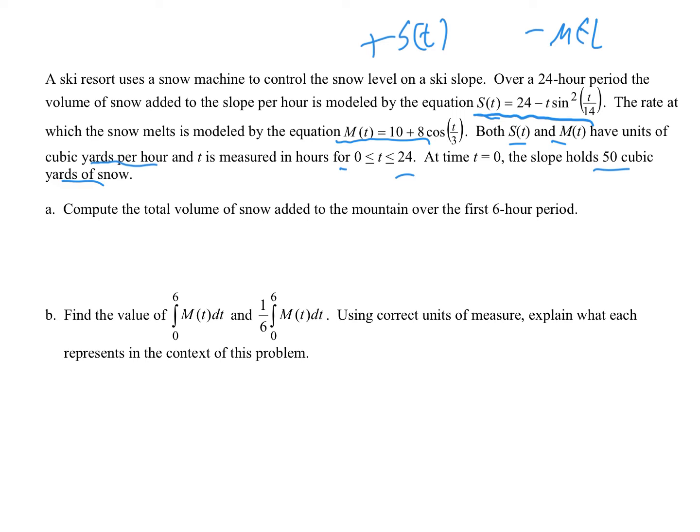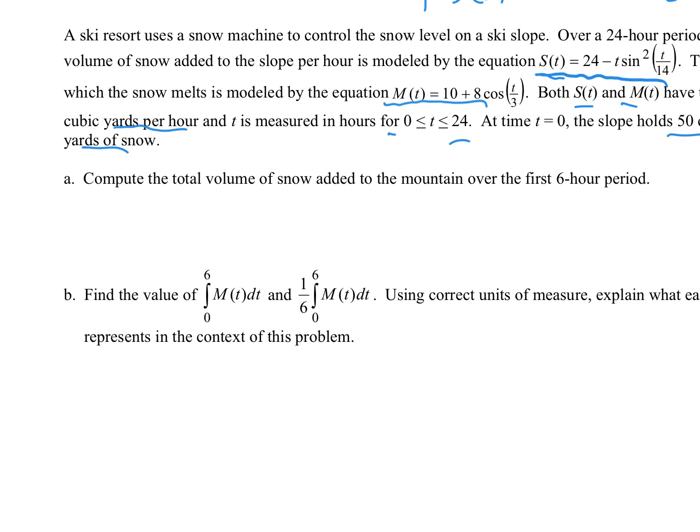With a snowplow to control the snow level. So the snowplow is building up where they need the snow, and then the temperature is causing snow to melt. So compute the total volume of snow added to the mountain over the first 6 hours. We're just talking about snow being added.